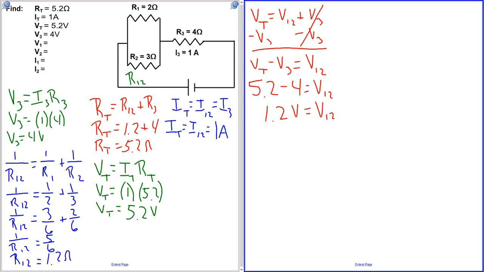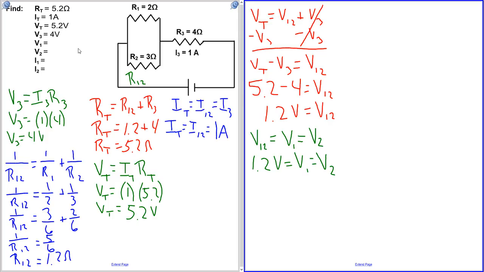And then according to my parallel rules, because R1 and R2 are in parallel to one another, I can say that the voltage of resistor 1, 2 is equal to the voltage of resistor 1, which is equal to the voltage of resistor 2. So now I can say that this 1.2 volts we found is equal to voltage 1, which is equal to voltage 2.